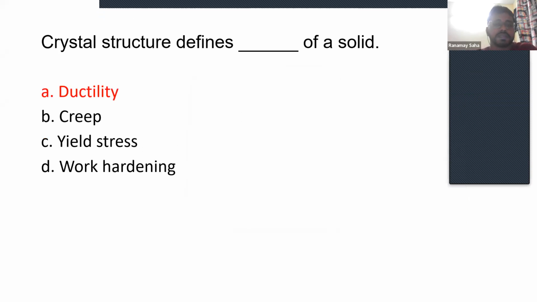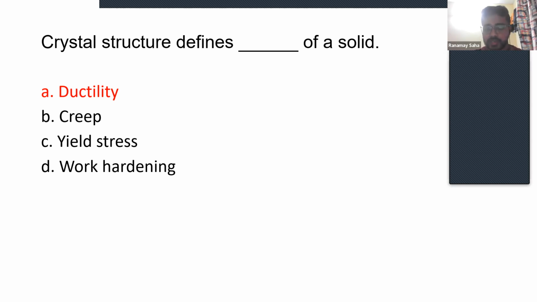It says crystal structure defines what? What can you realize from the crystal structure of a particular solid? Of course, you can predict the nature of the material, whether it will be malleable or ductile, can it be deformed, and to what extent can it be deformed.